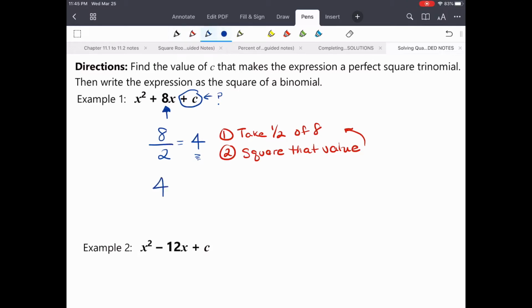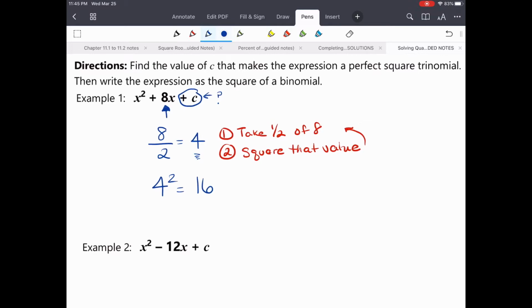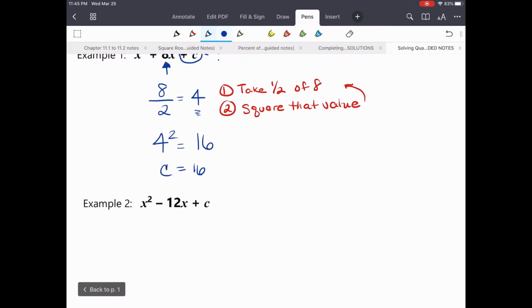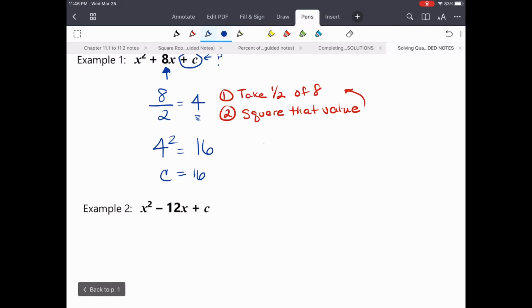So 4 squared is equal to 16. And that's what we end up getting for c. So c equals 16. Now writing all this out, you get x squared plus 8x plus 16. And I can just write equals 0 if I want.